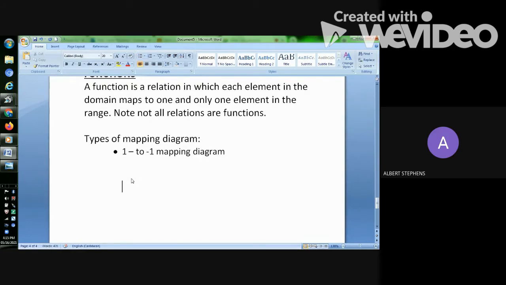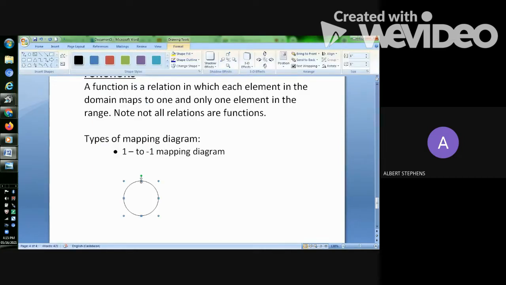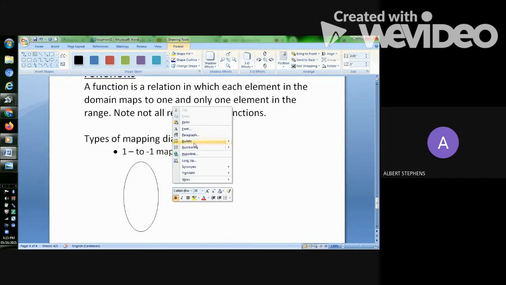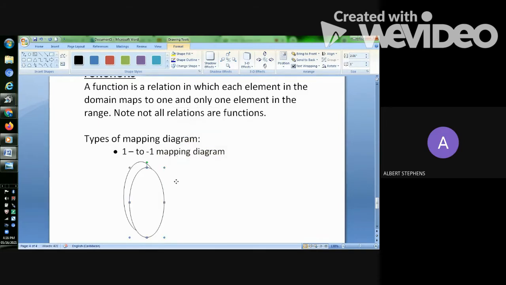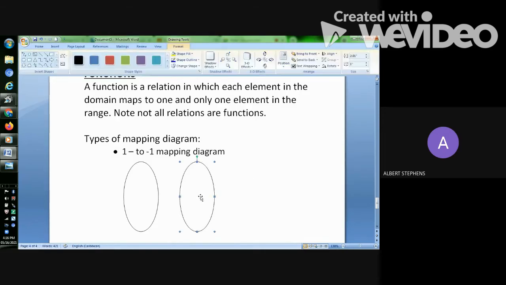All right, so one-to-one mapping is really straightforward.